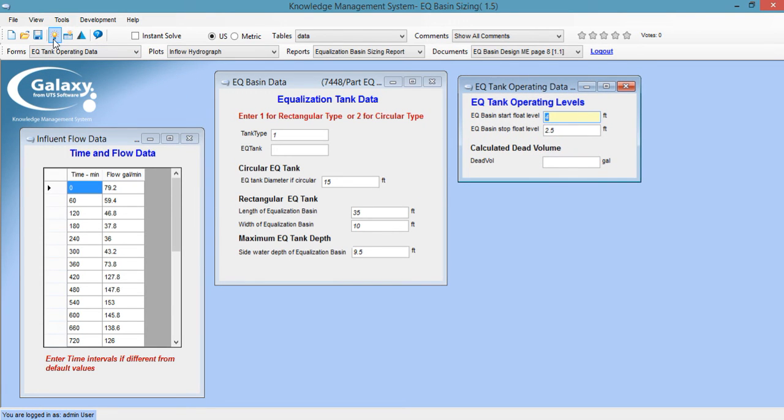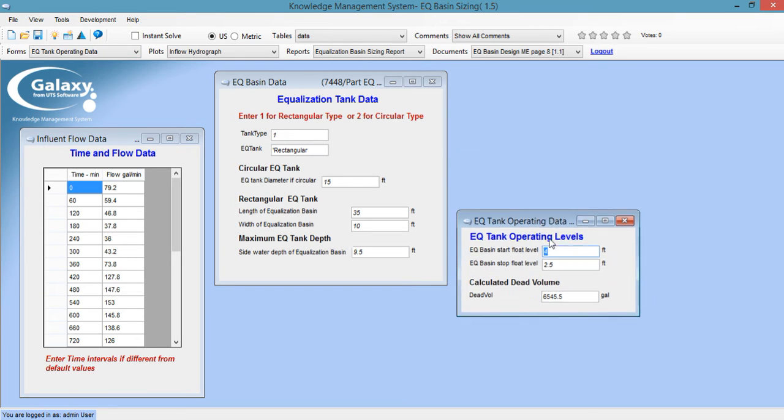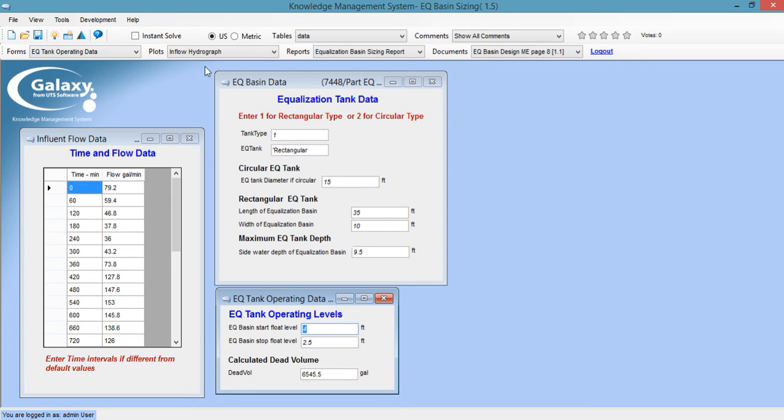When we solve this by clicking the solve button, you'll see that we have now confirmed it's a rectangular equalization basin, and that with a 2.5 foot minimum depth we have 6,545.5 gallons.